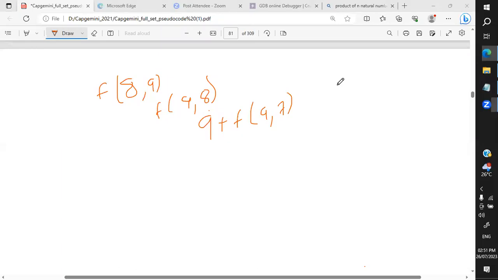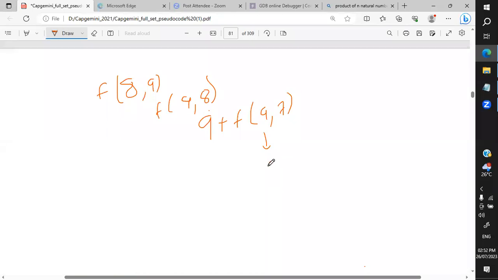People who got the answer, I hope I am not doing anything wrong. Am I correct or not? 9 plus f of 9 comma 8. Then 9 plus f of 9 comma 7. Now for 9 comma 7, it will check b not equal to 0, that means 7 not equal to 0. True.